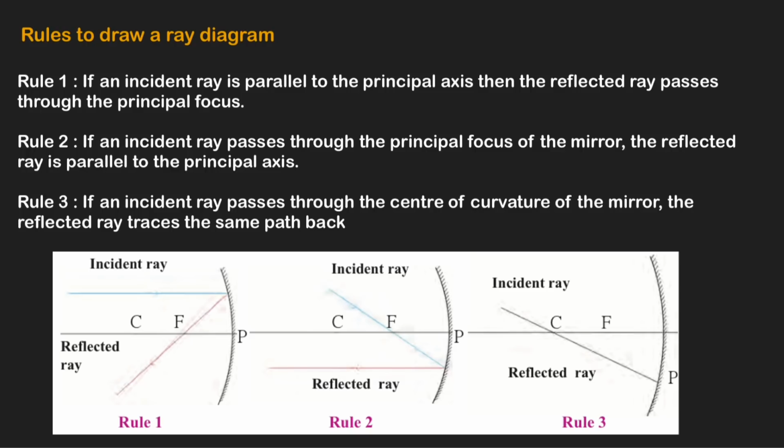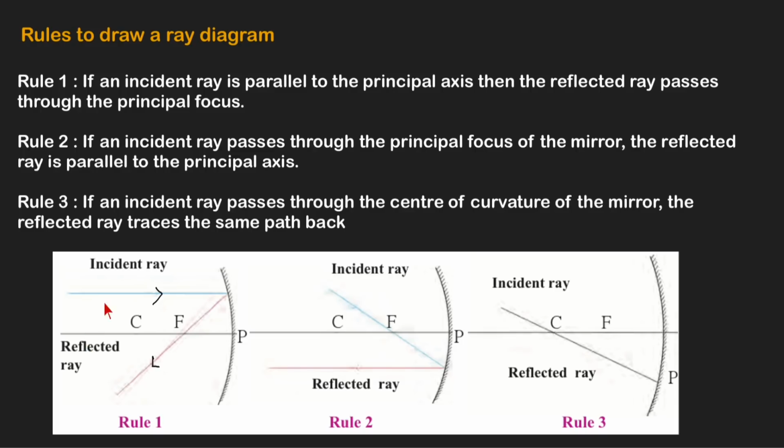Here they show through the image the incident ray which is parallel to the principal axis. Here we have to give the direction, because direction is important in this topic. After reflection, the reflected ray passes through one point on the principal axis. That point we call the principal focus. We already know that point.